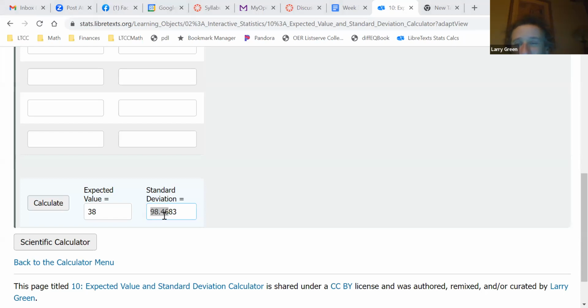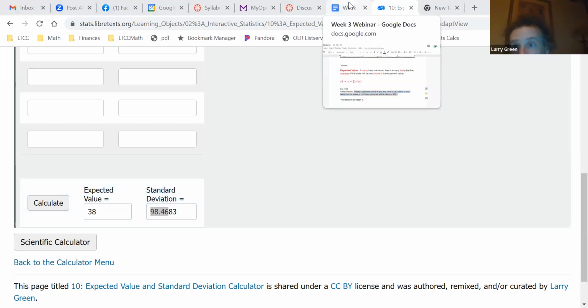Nobody uses 1 decimal place with money. You do dollars or dollars and cents. You don't do dollars and dimes. That's just not done in America, right? So it's either dollars or dollars and cents for this example, because it's money. It is important to always keep in mind what this is. So let's go dollars and cents, which is $98.47, because you got to use the rule of rounding. So 98.47.